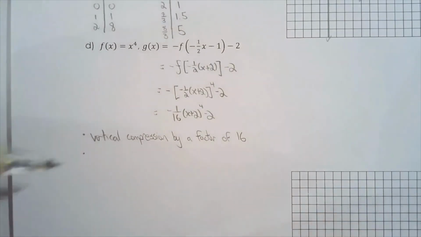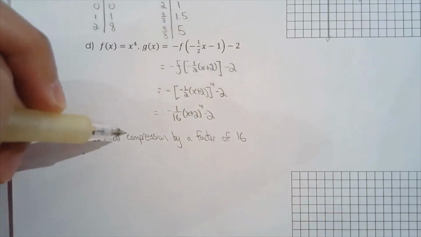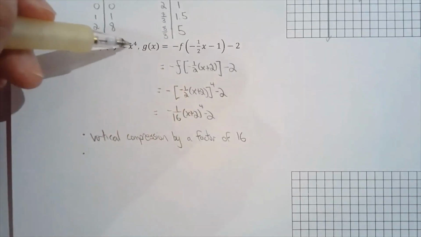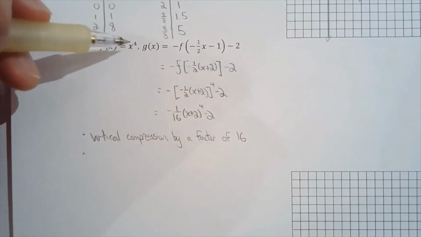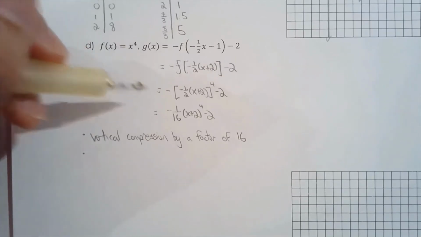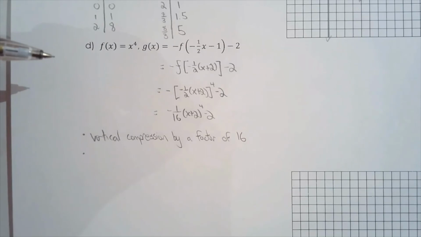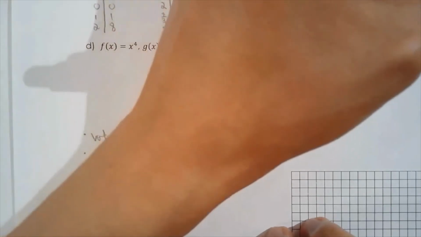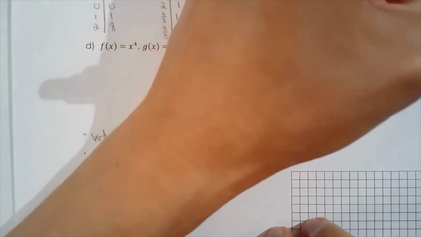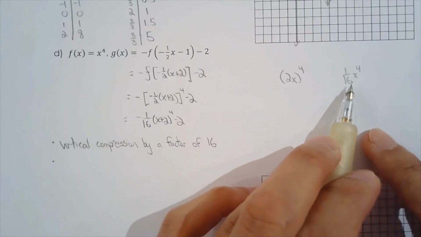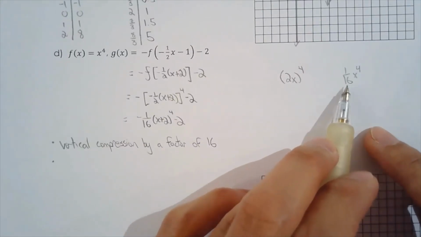So the last comment I'm going to add is that a vertical compression by a factor of 16 to a quartic is equivalent to a horizontal stretch by a factor of 2, because if you did 2x to the 4 and 1 over 16 x to the 4, so this is a vertical compression by a factor of 16.